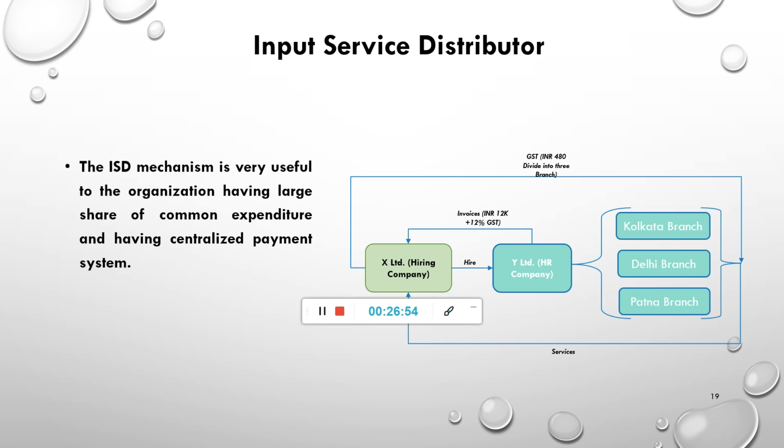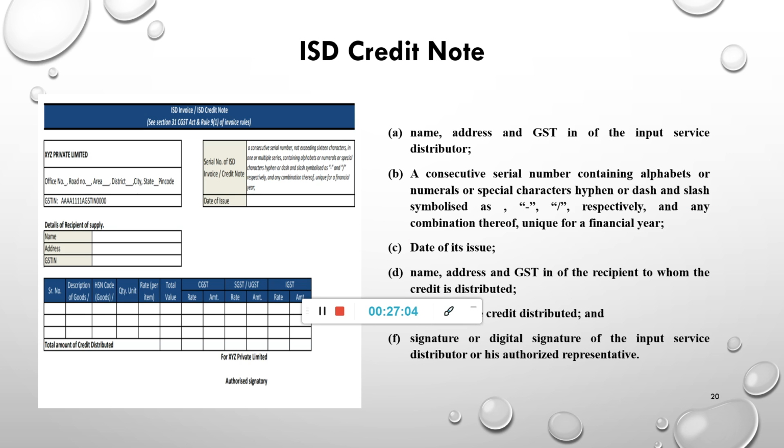An ISD invoice or ISD credit note issued by an input service distributor shall contain the following details: name, address and GSTN of the input service distributor, a consecutive serial number, date of issue, the name, address and GSTN of the recipient, amount of credit distributed, and signature or digital signature.